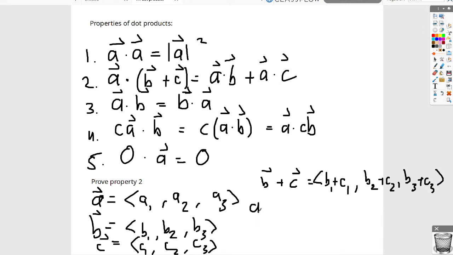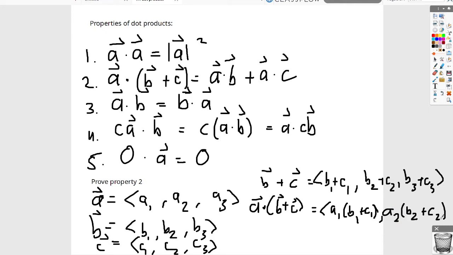And if you do A dot this B plus C, you will get A1 times (B1 plus C1), A2 times (B2 plus C2), and then A3 times (B3 plus C3).